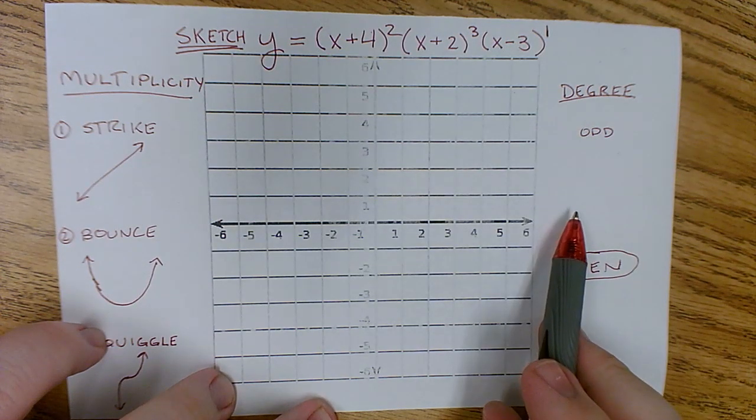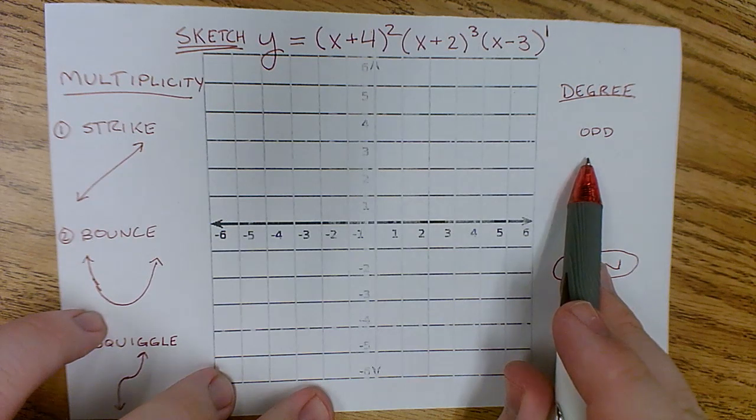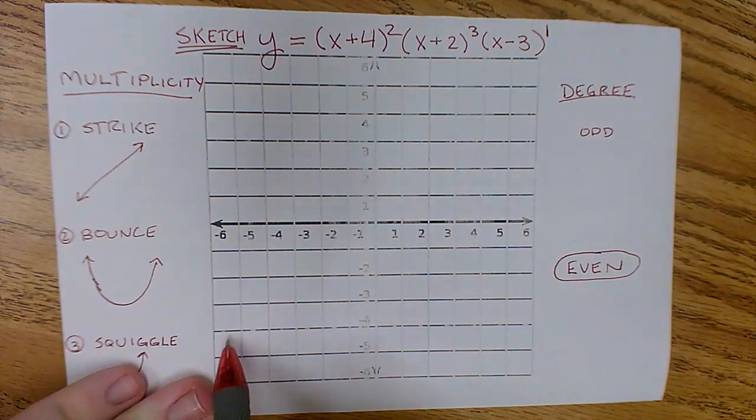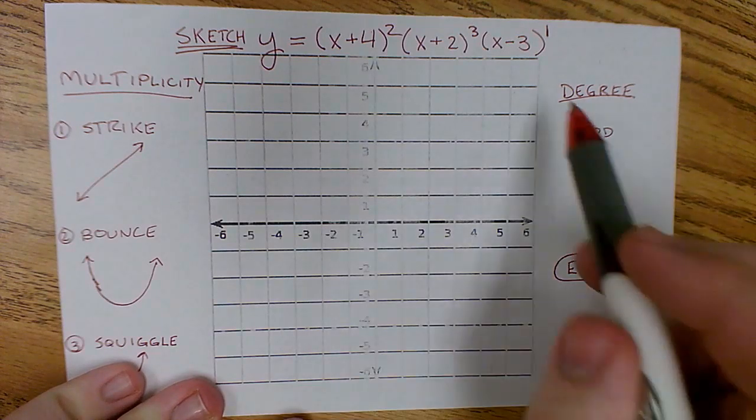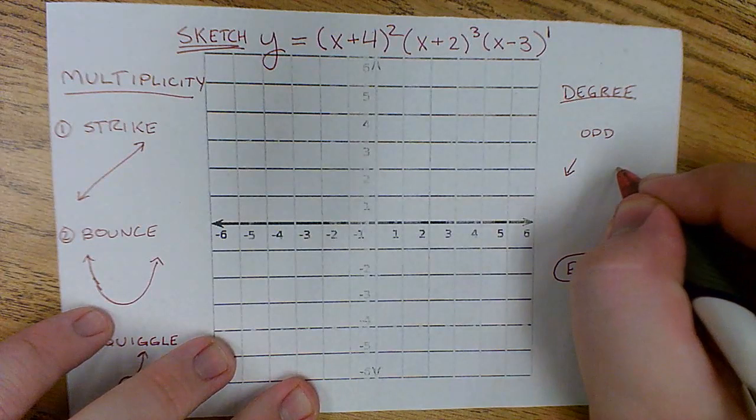The degree kind of determines its end behavior. So where should I start and where should I end? Okay? Odd degree polynomials start from the bottom left of your graph. Okay? And they'll end at the top right. So bottom left to top right.